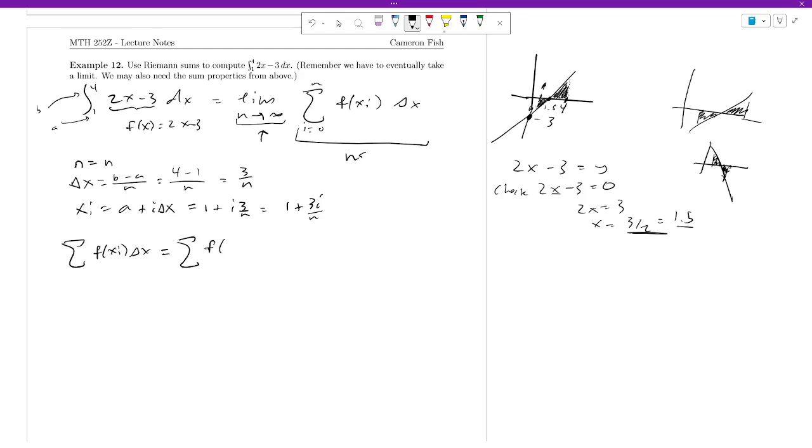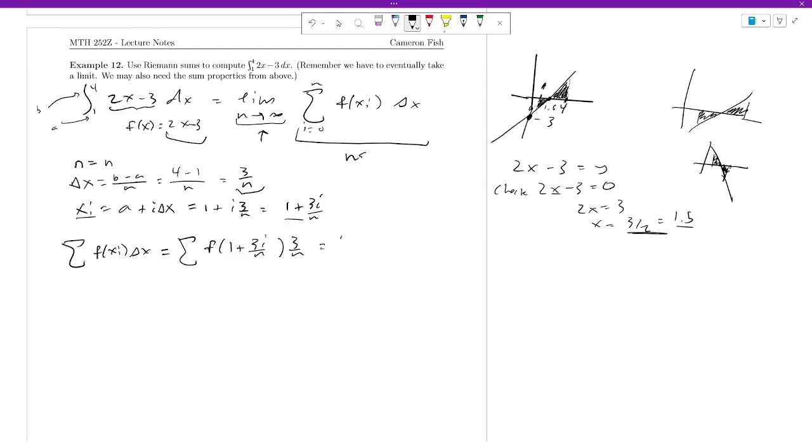That means I've got to do f, and I have to plug in xi, which is 1 plus 3i over n. Delta x is 3 over n, so I put 3 over n right here. Nice. And then, like I've said a couple times, we're not done here. We got to actually plug our xi into f. What's f? F is 2x minus 3. It's the integrand, the thing we were trying to integrate.